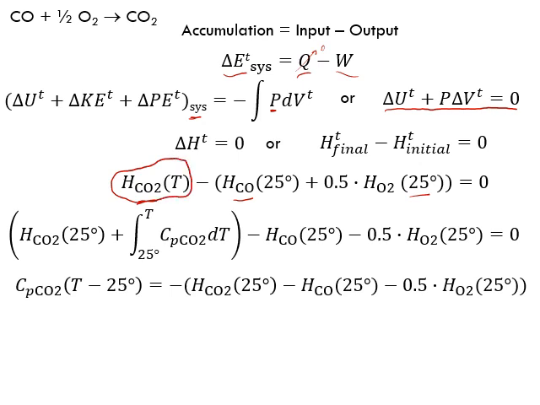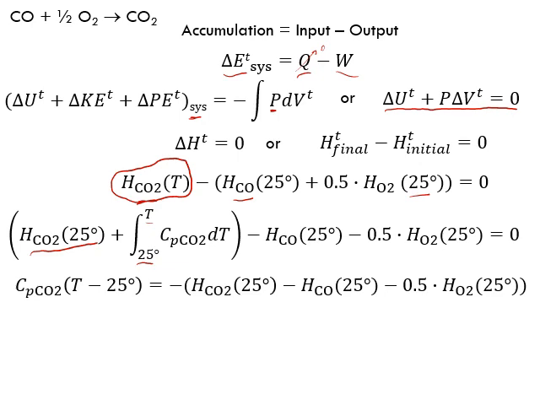This term can be found from the enthalpy of CO2 at 25 degrees C plus the increase in enthalpy due to the increase in temperature, which is found through the integration of Cp dT, evaluated from 25 degrees C to the T of the system.